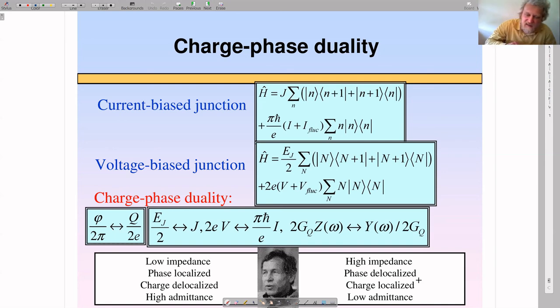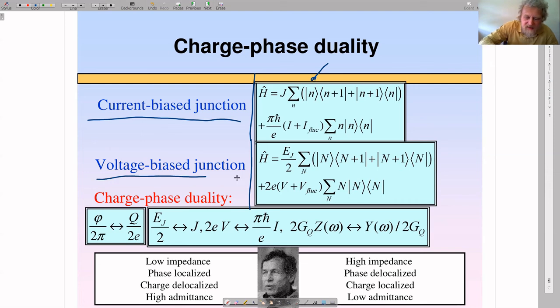To do so, let me have these Hamiltonians next to each other. So there's a current bias junction, and there's tunneling of phase, which gives you different phase states.